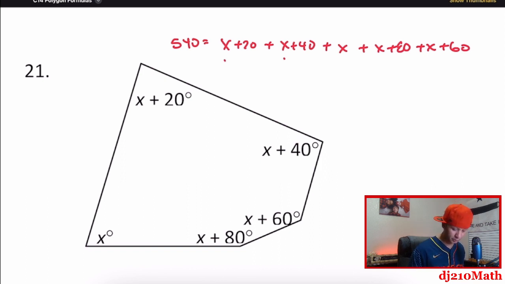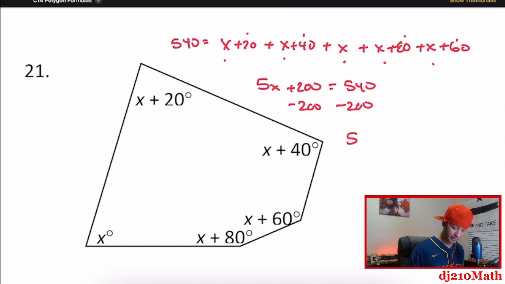We got 1, 2, 3, 4, 5, 5x. And then 80 and 20 is 100. 60 and 40 is 100. So plus 200. This needs to equal 540. Minus 200. So 5x is equal to 340. So x is equal to 68.